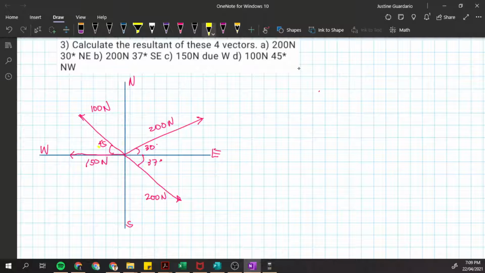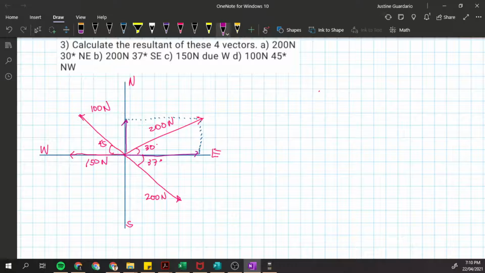Since ang i-resolve lang natin yung may mga angle, i-resolve natin siya sa kanyang x and y component. So, itong 200 Newton, itong unang vector natin, pwede natin siyang i-resolve dito. Tatapat mo lang yan dito, di ba? I-resolve mo siya. Tapos, magkaka-vector ka na ganito. 200, itong vector na nasa violet.